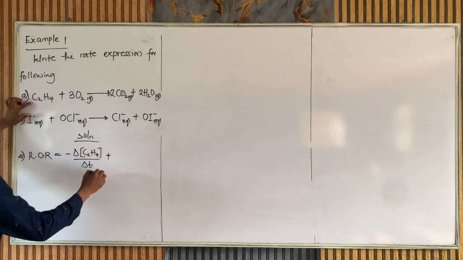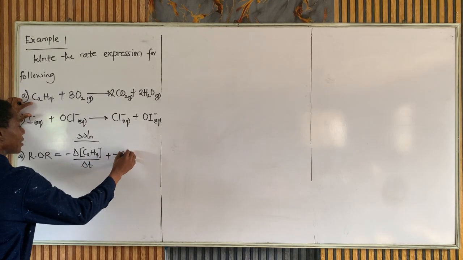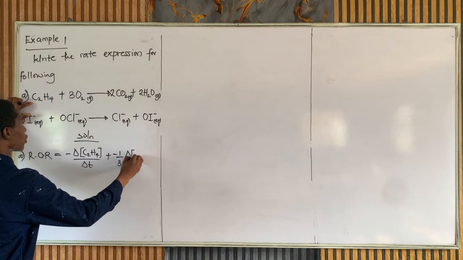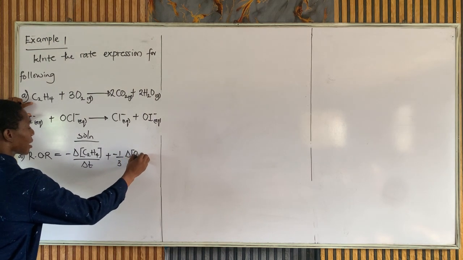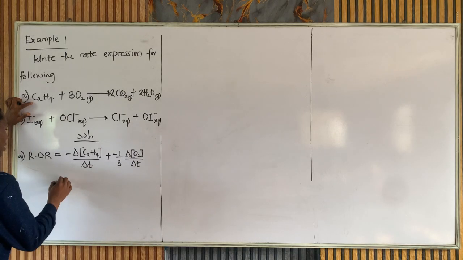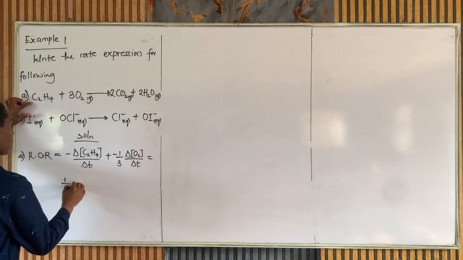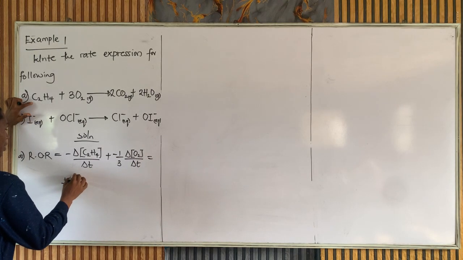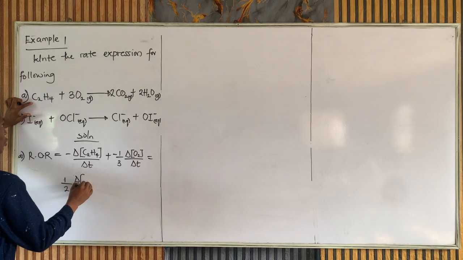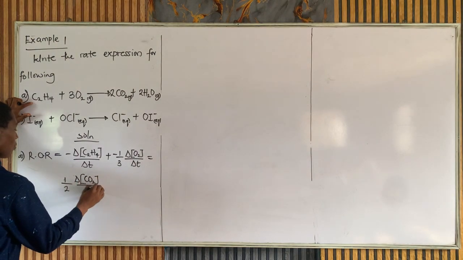Which is equal to minus 1 over 3, change in concentration of oxygen gas over change in time, which is also equal to 1 over 2, change in concentration of carbon dioxide over time.